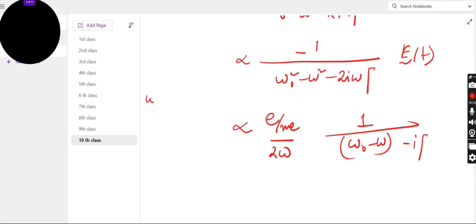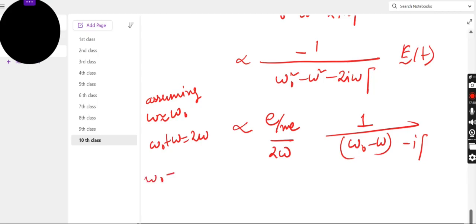So basically, we are assuming omega almost equal to omega naught, that means omega naught plus omega is equal to 2 omega. And now we will consider omega naught minus omega as delta.